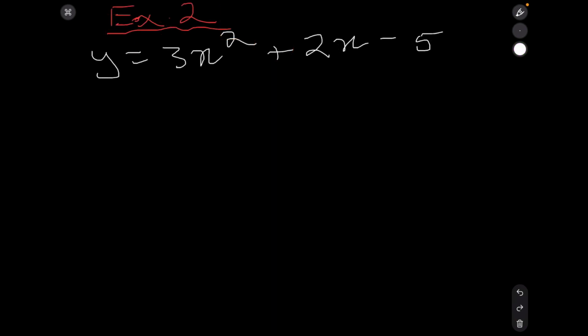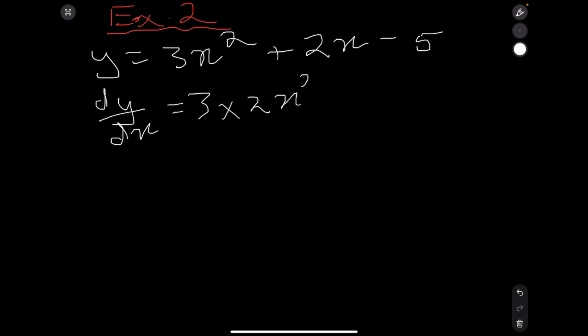This example is a little bit more difficult. As you can see, we have 3 different terms in this equation, so we're going to have to treat each term as an individual entity in differentiating this equation. The first derivative can be written as dy over dx equals 3 times 2 x to the 2 take 1.